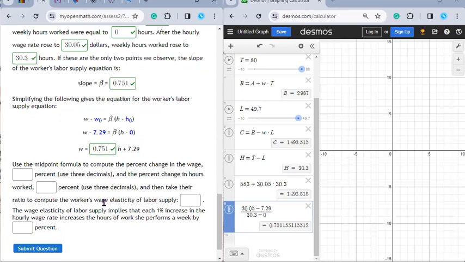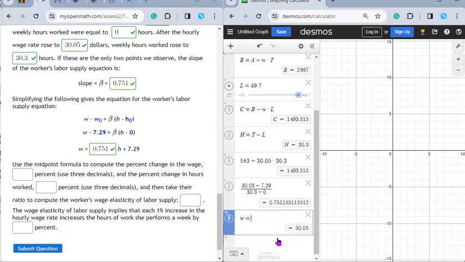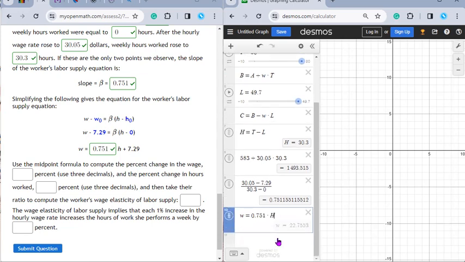Okay. Now let's double check to make sure this labor supply equation works. So our wage is equal to 0.751 times H plus 7.29.